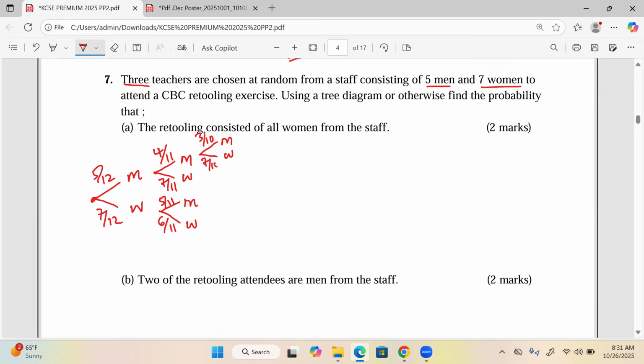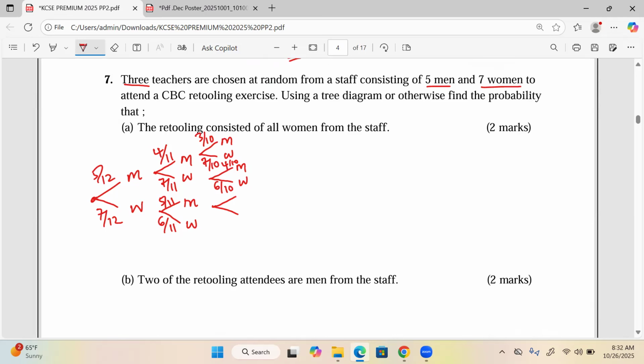If you had picked a woman, you can pick a man or still a woman. Picking a woman again, when the probability was 7/11, becomes 6/10, meaning that for men it is 4/10. I'm squeezing the values there, and I hope you will understand them.